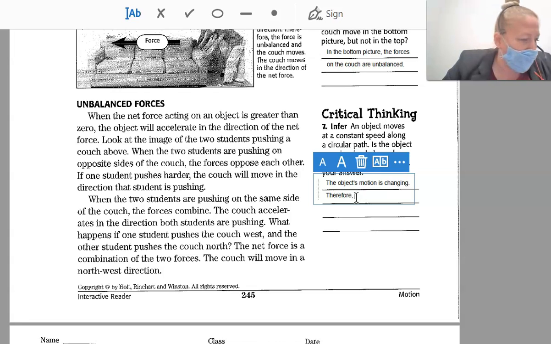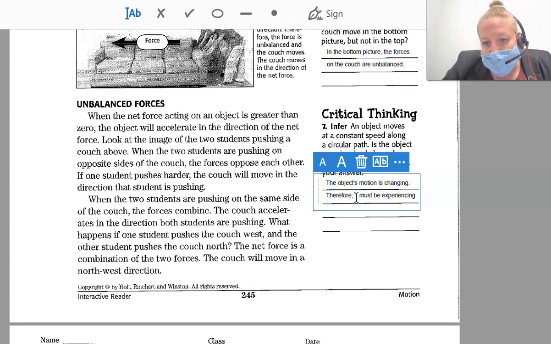Therefore, it must be experiencing unbalanced forces. Okay?